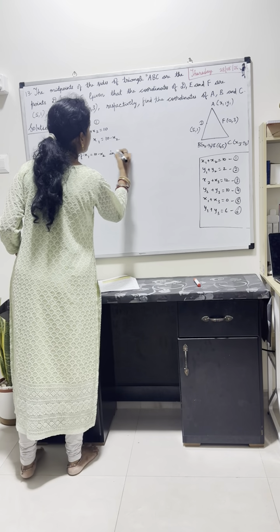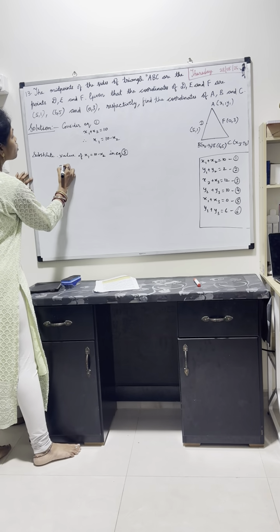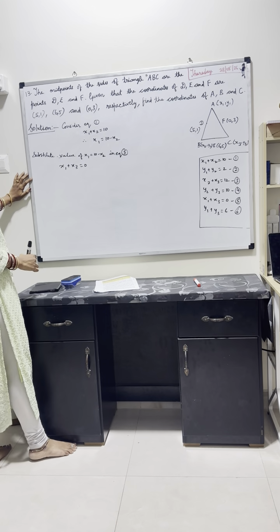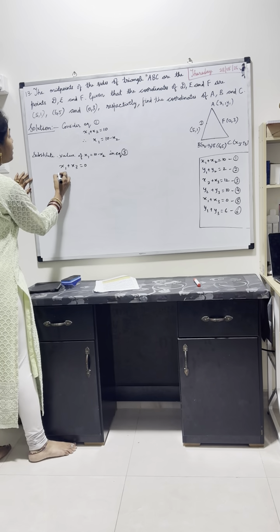In equation 5, if we are substituting, what you will be getting? This was the equation, x1 plus x3 is equal to 0. So that will be 10 minus x2 plus x3 is equal to 0. So that will give you x3 minus x2 is equal to minus 10.